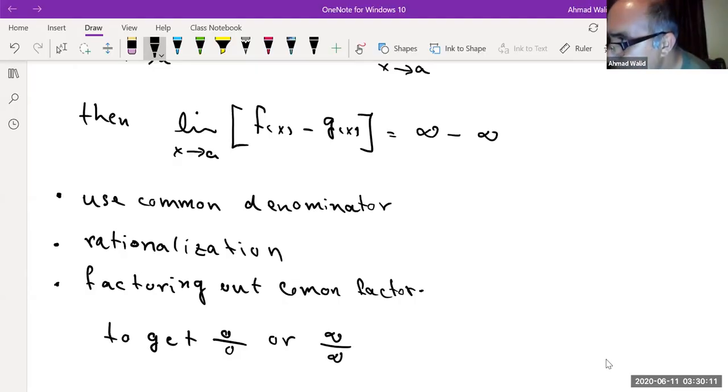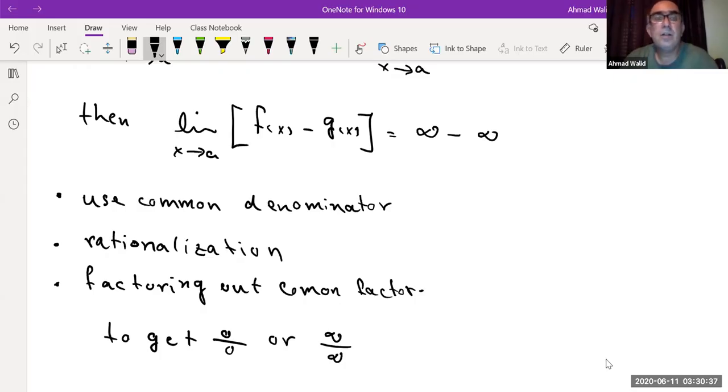Some professors just explain this part as do some algebra to get a quotient, which is true. Which type of algebra do you need? When I'm telling you to use common denominator, it's algebra. Or when I do rationalization, it means rationalize the denominator, correct? It gives you a quotient.